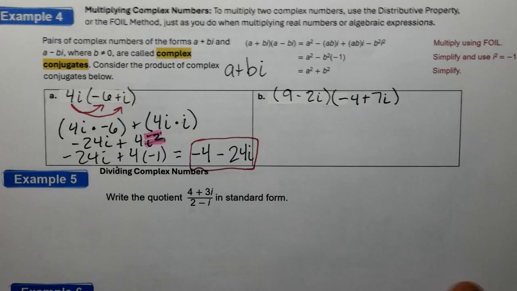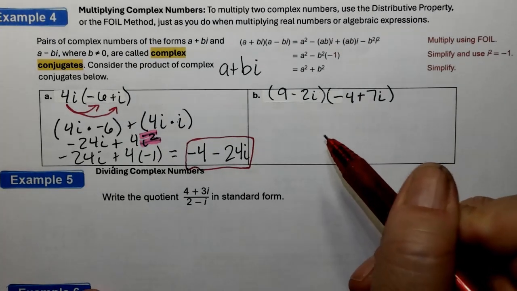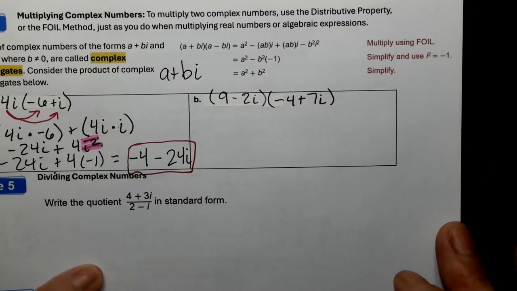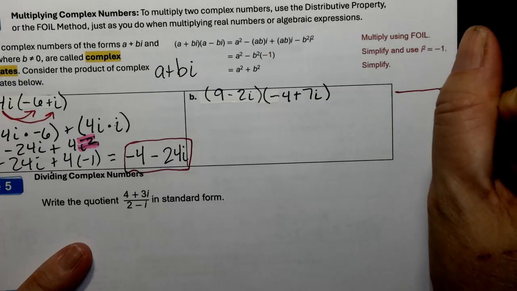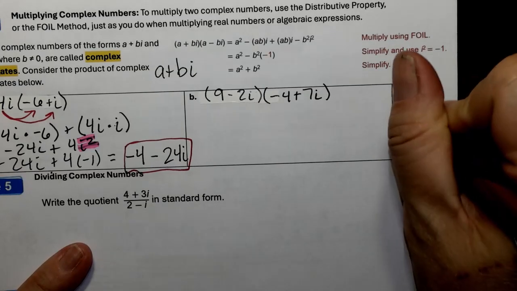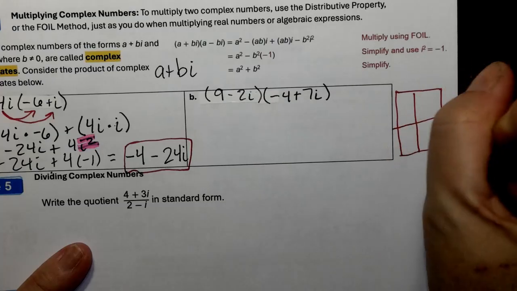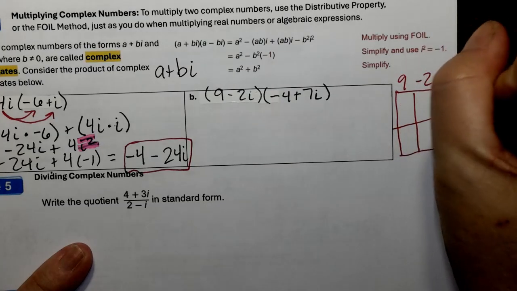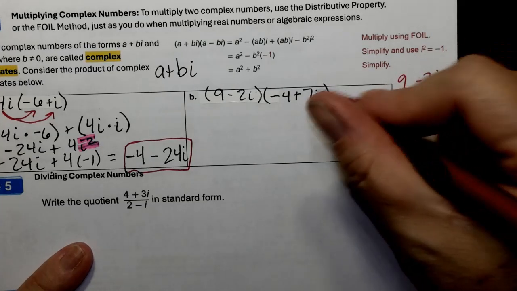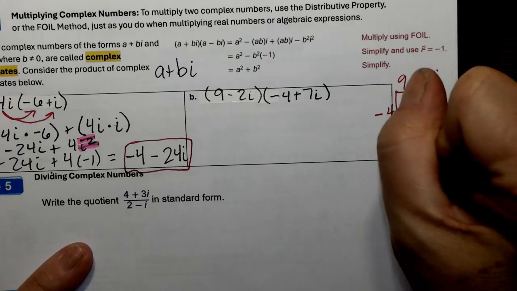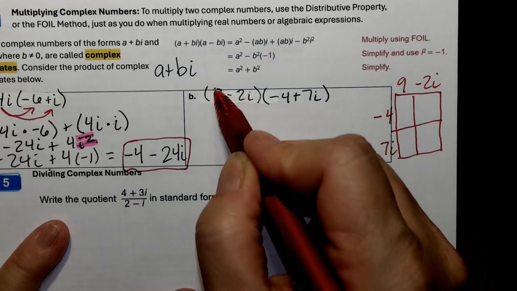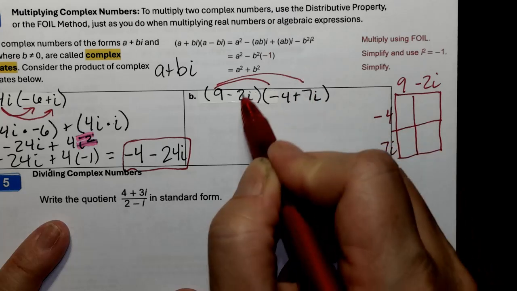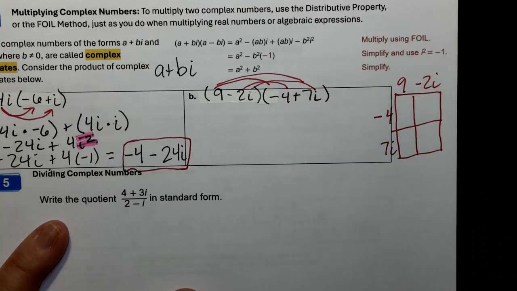All right, so now with this one, I'm going to do the box method. I didn't leave myself a whole lot of room. So we have 9 minus 2i, and then we have -4 plus 7i. You can do the FOIL method again: you multiply that one to both terms, and then multiply that one to both terms.